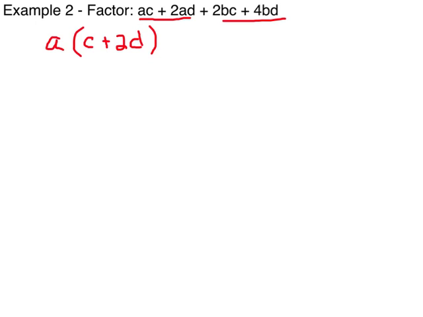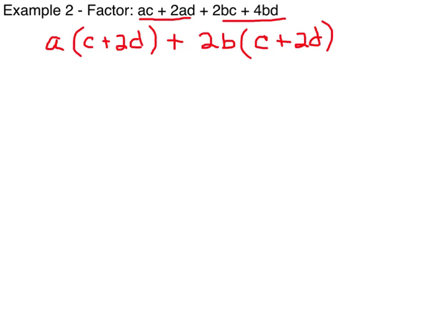And then we're going to look at the second set and see that both of those have a 2 in common, and they both have a b in common. And if I factor that out, I'm left with c plus 2 times 2 is 4d.